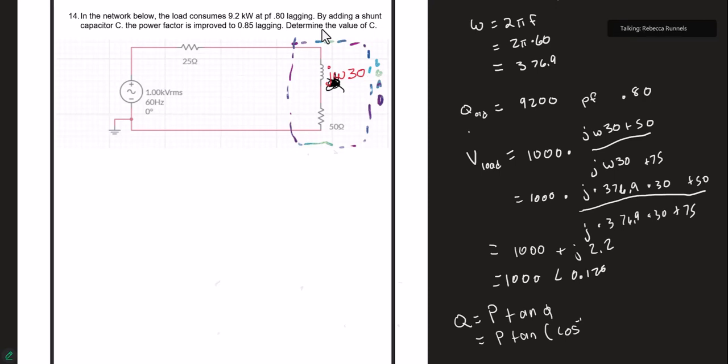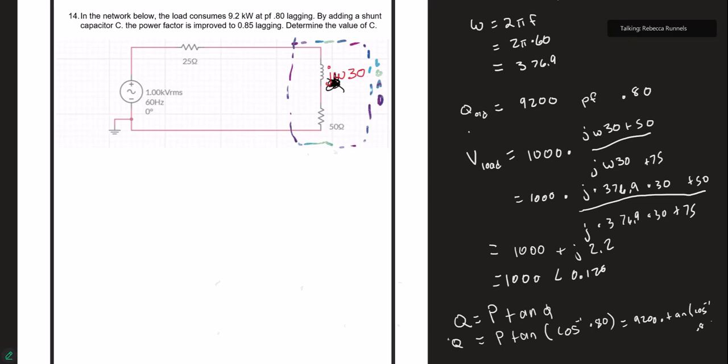That's not the power factor, the real power. So Q is the real power times the tangent of the inverse cosine of the power factor, which is 0.80. And so the real power, which doesn't change, is 9,200 times the tangent of the inverse cosine of 0.8.